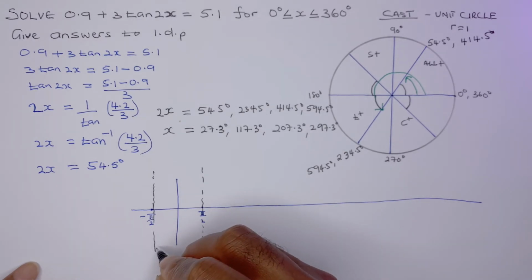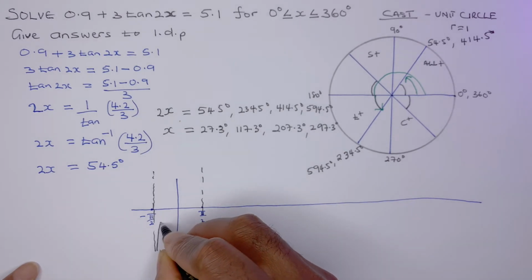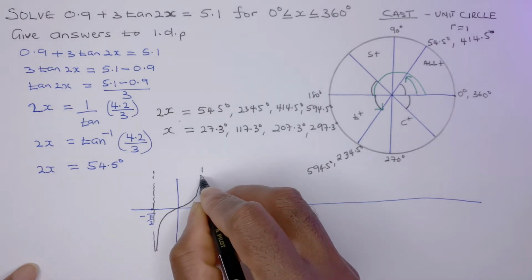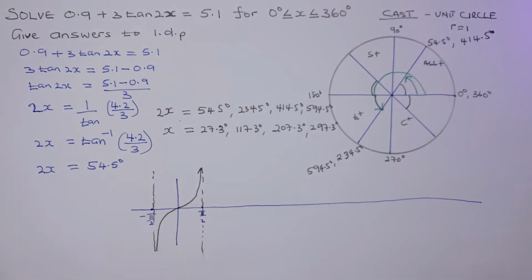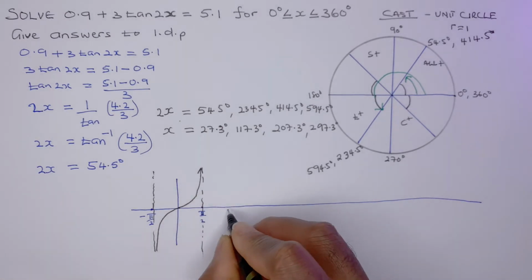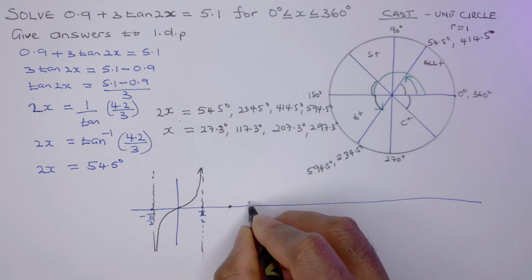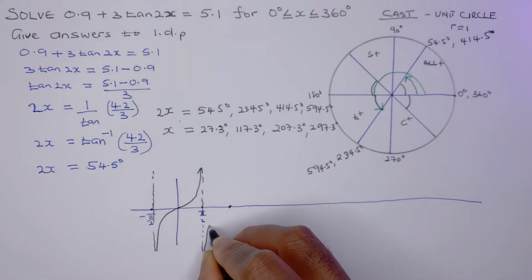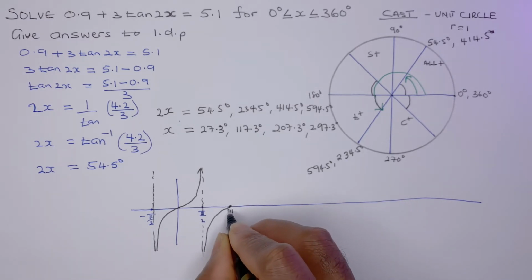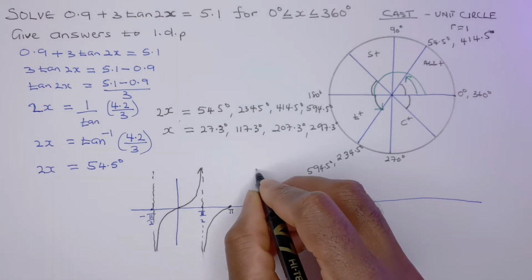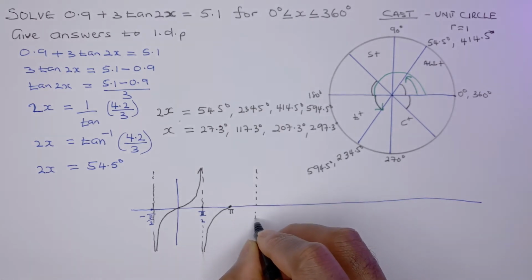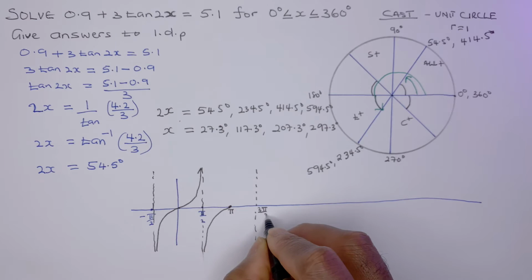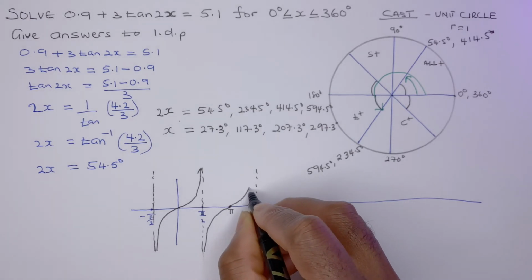The tan function goes from negative infinity to 0, then to positive infinity. Then the next one repeating is at pi, and it goes again from negative infinity. Then this is 3 pi over 2, and it goes all the way to positive infinity.